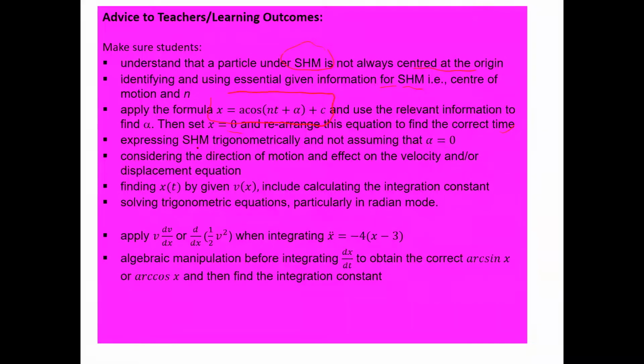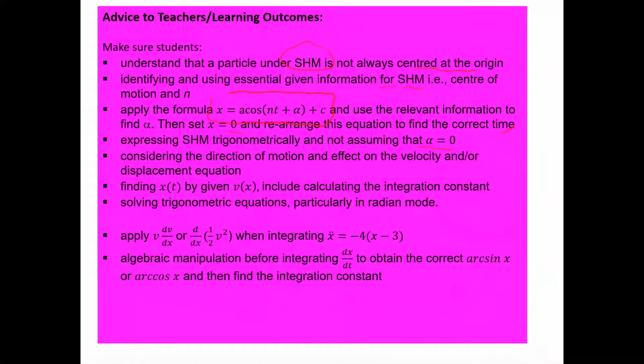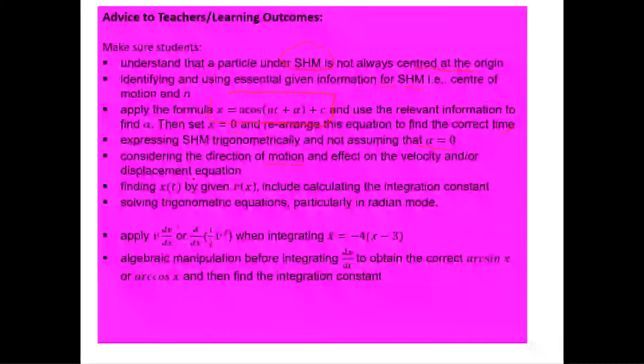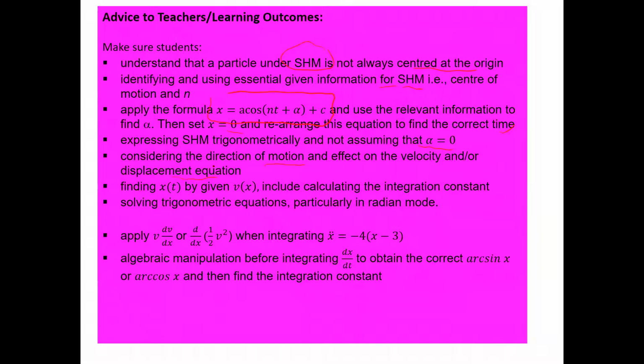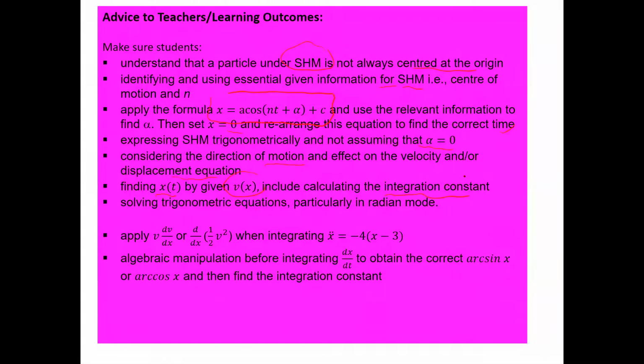Express simple harmonic motion trigonometrically and do not assume that alpha equals 0. Consider the direction of motion and its effects on the velocity and or displacement equation. Find displacement in terms of time given velocity in terms of x, including finding the integration constant.